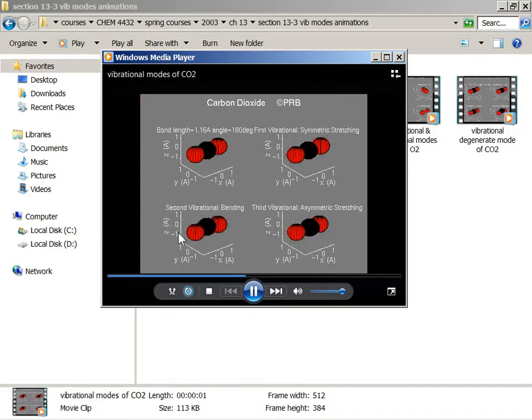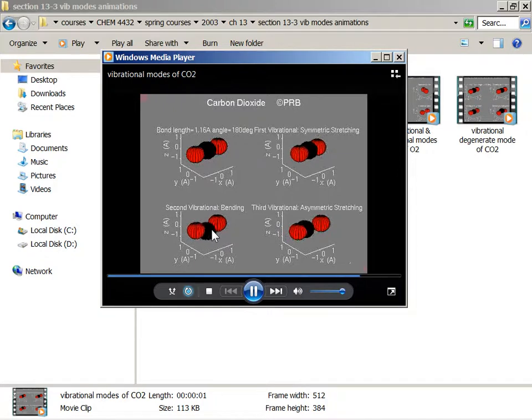How about this one? It is symmetric, right? Is there an oscillating dipole? They're the same length every time, it just bends up and down. Oh, it's just bent then, right? It's just like water then? It's bent, then it's linear, then it's bent. So it's active? I'd say there's an oscillating dipole here.